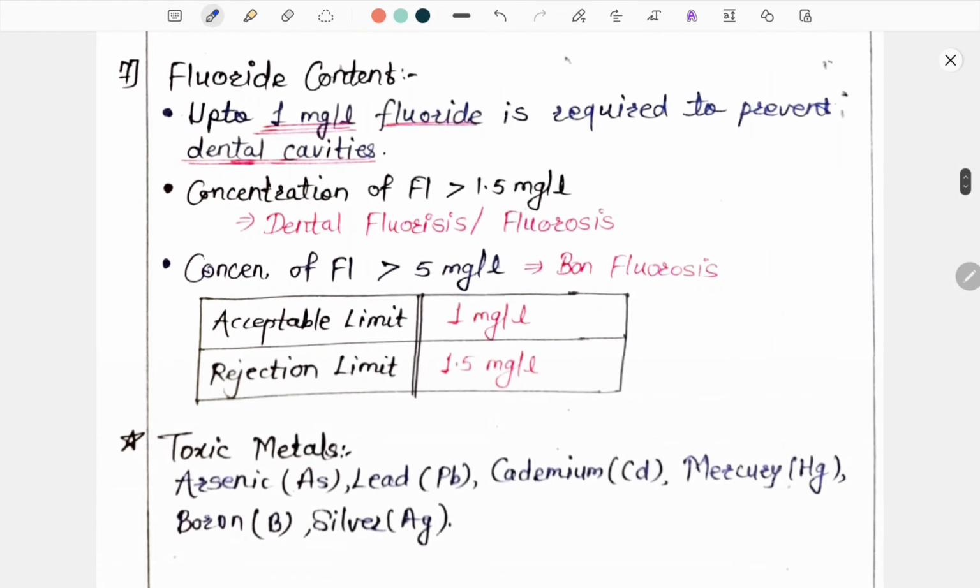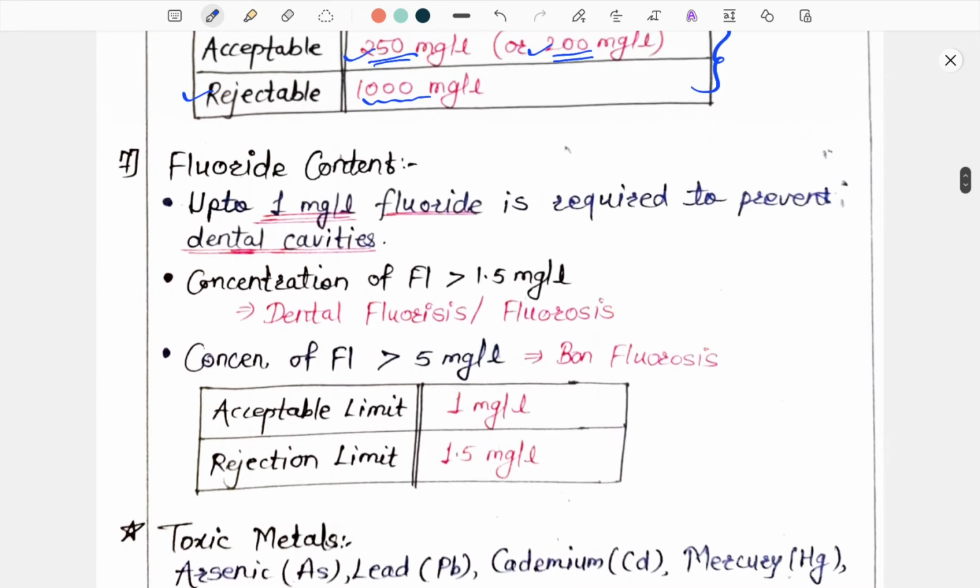Now next and last chemical water quality parameter is fluoride content. Up to 1 mg per liter fluoride is required to prevent dental cavities.